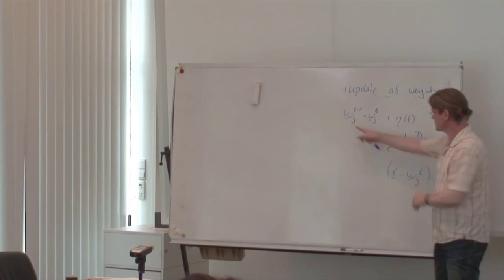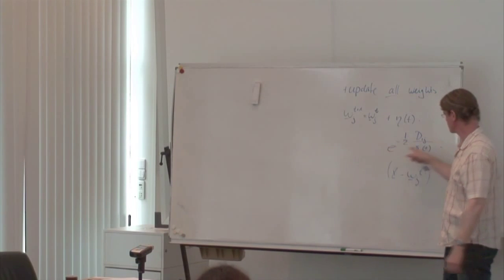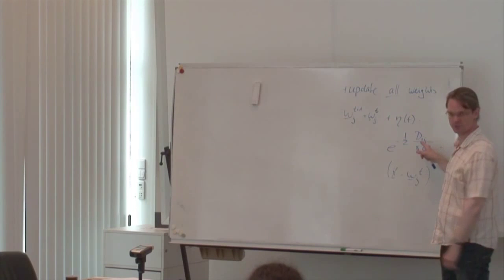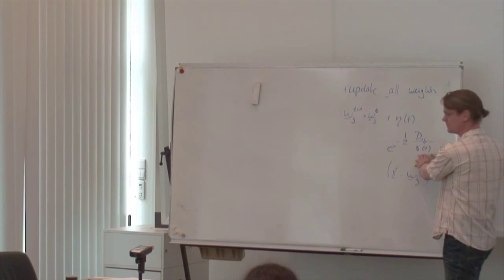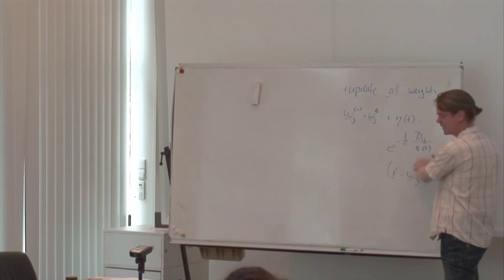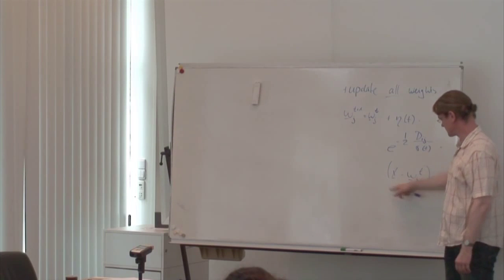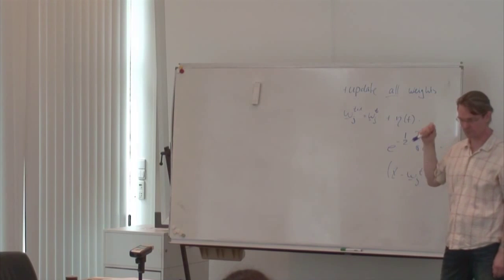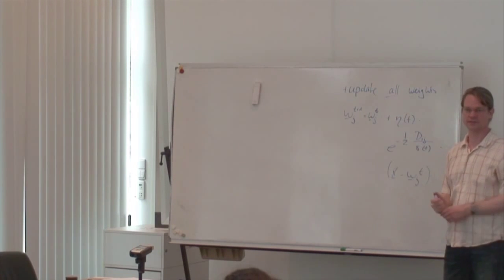But if this is not the winner neuron, we look at the distance between the neuron we want to update and the winner neuron. We scale that again by some factor that depends on time, and then multiply all of this with this vector pointing from where we are right now to the data point.